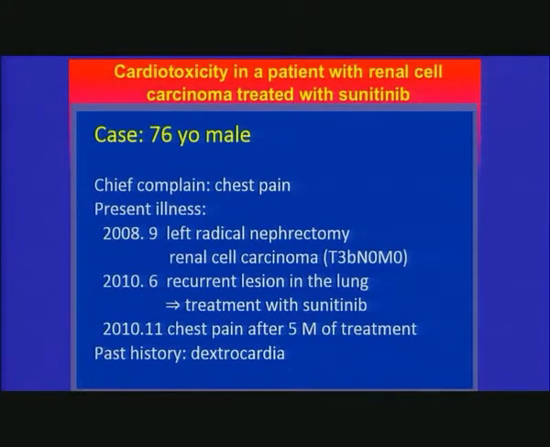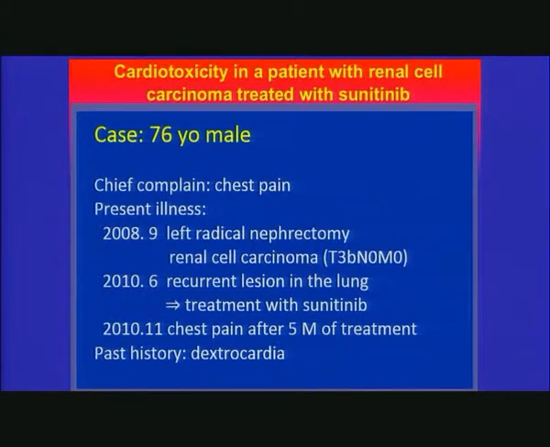Let me show you one case, a 76-year-old male who complained of chest pain. His history: in 2008, renal cell carcinoma was found, and he had a left radical nephrectomy.